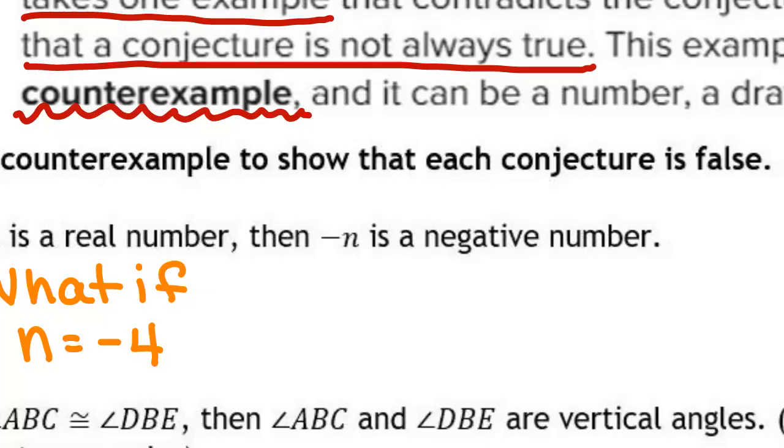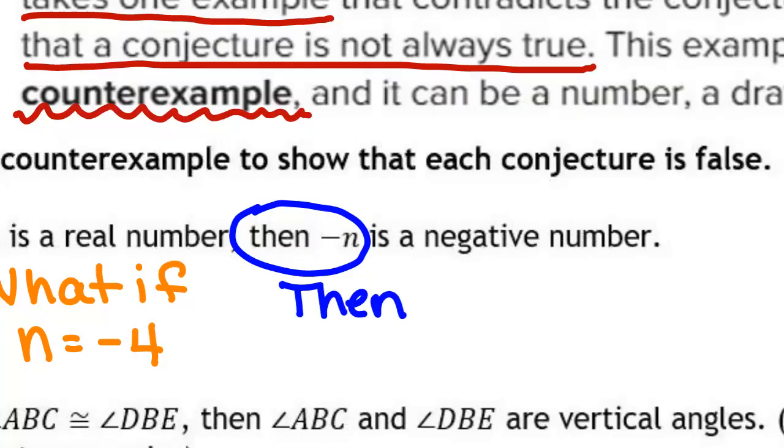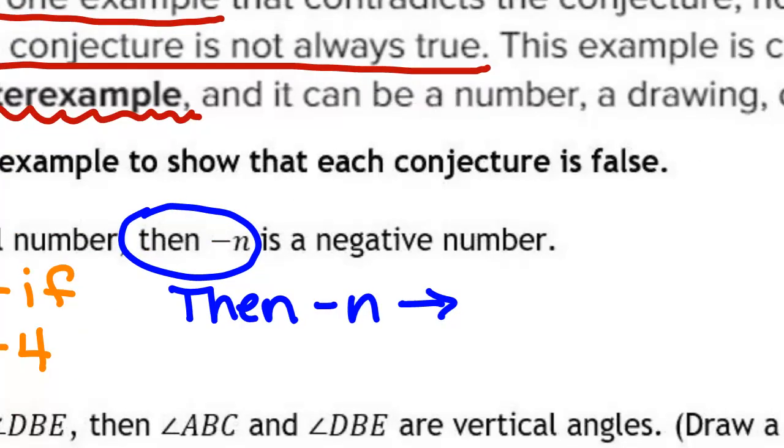It's a negative number, but it's a real number. So if n is equal to negative 4, then negative n would be negative negative 4. Well, what happens when you have a negative after a negative?